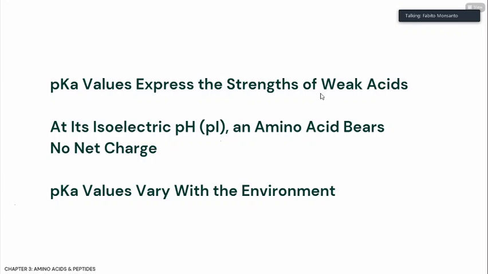Like the environment in your gastrointestinal tract: in the stomach, it is too acidic, and when you go into the small intestine, it is so alkaline. So you have two environments there.